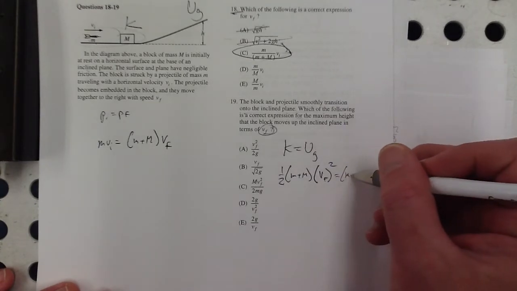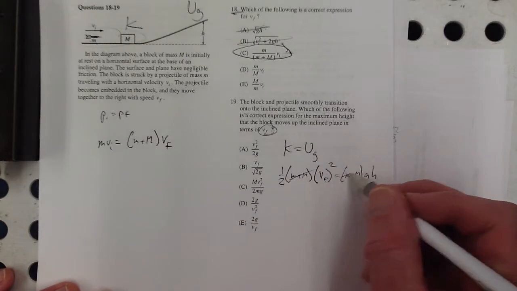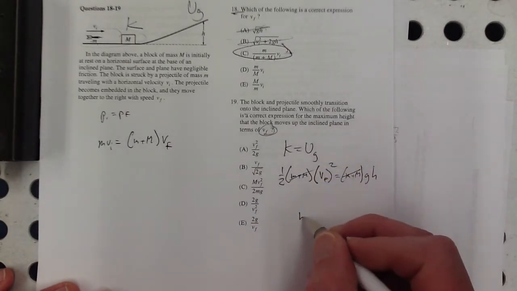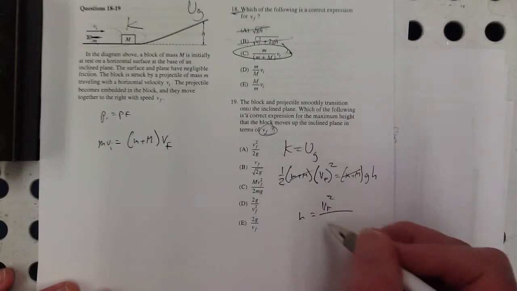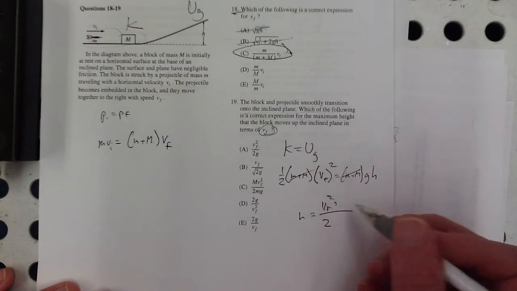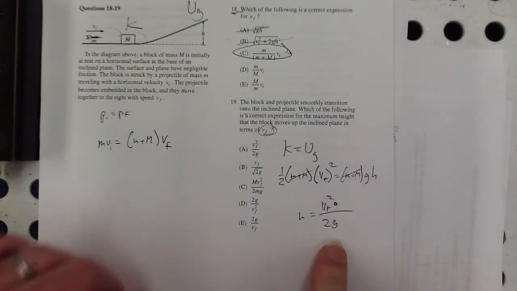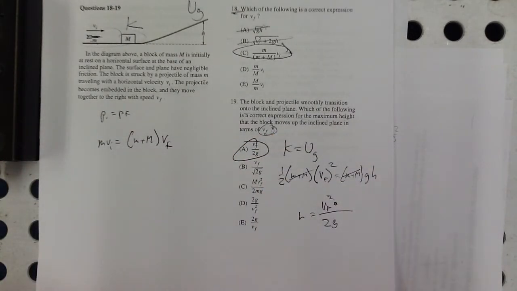And then we have M plus m, g, h. Those cancel, and I just get that h is equal to vf squared, 2 on the bottom, and a g on the bottom. Easy energy question, right?